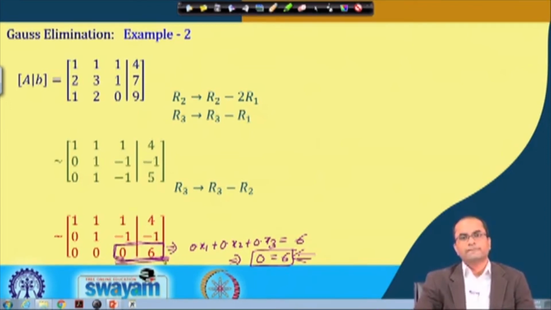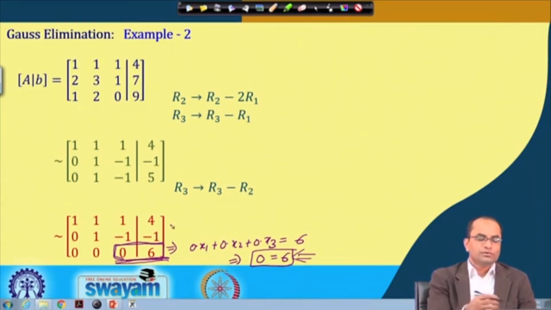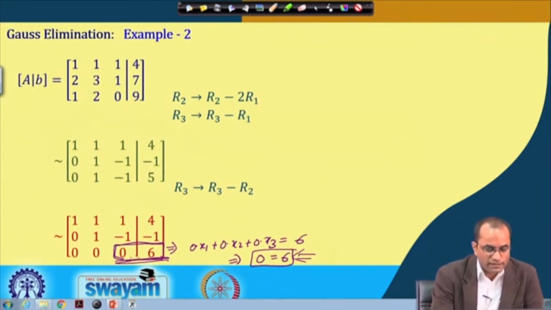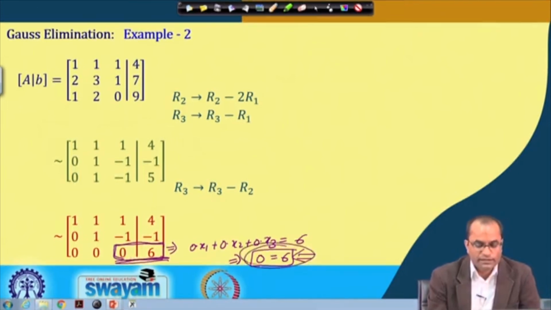Inconsistent means again that it has no solution, it cannot have a solution here.